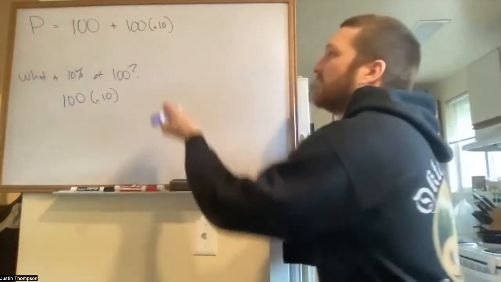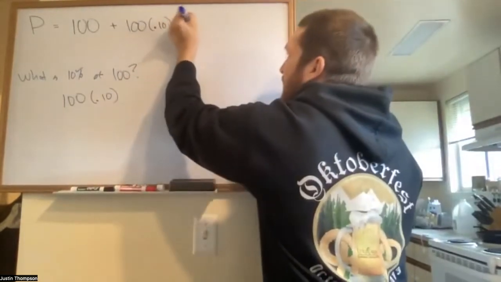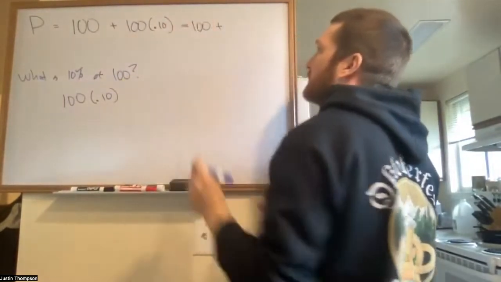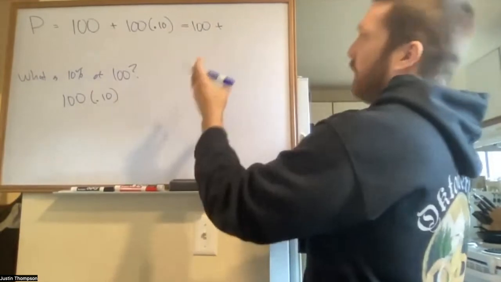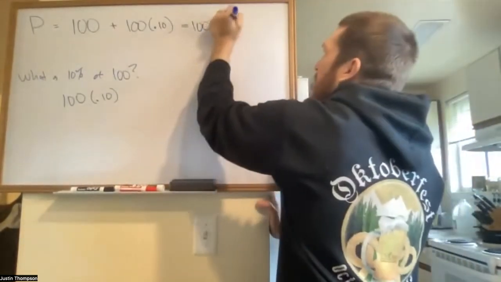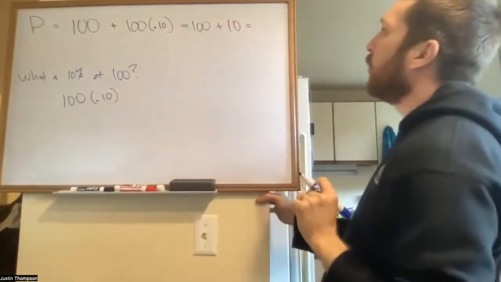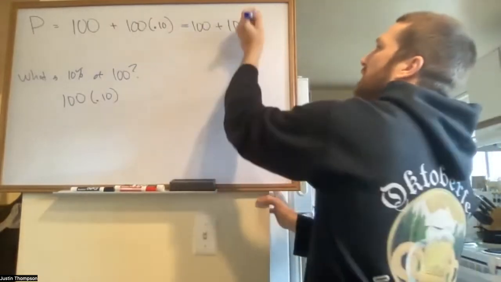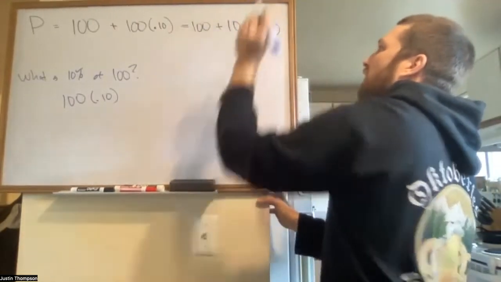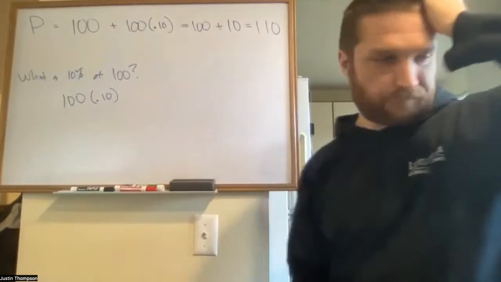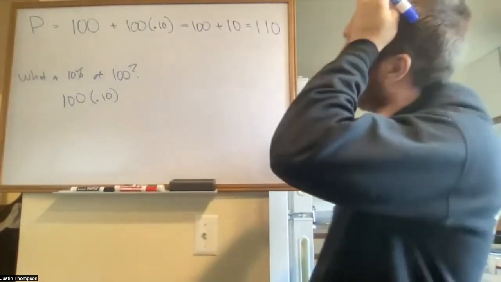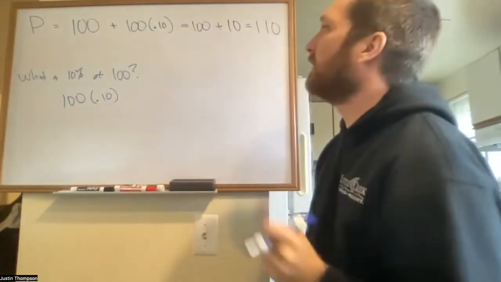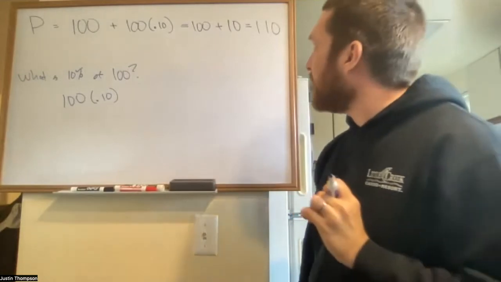And indeed, yes, I could calculate that if I wanted to and say, okay, well, that's 100 plus 0.1 times 100 is 10. We will get back a total of, and you already told me this at the beginning, $110. And that's what that is.